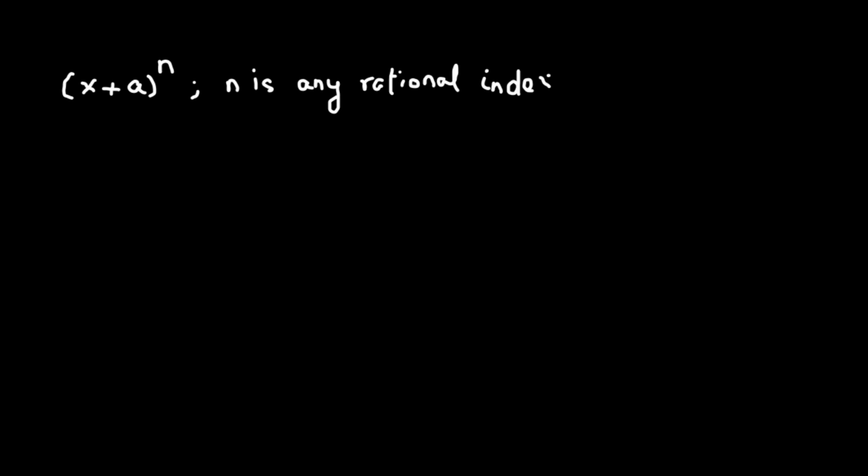Now that we've understood how the general expansion of a binomial expression 1 plus x raised to the power of any index n is given, we are going to look at a more general case. If you're given a binomial expression x plus a raised to the power of n, where n is any rational index, then how would the expansion of this binomial expression look like?